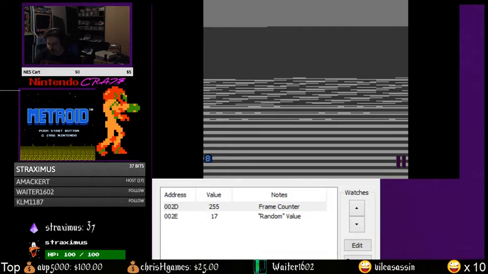And as a result, we are going to get the value of 17 every single time, no matter what system you're using: Power Pak, EverDrive, top loader, front loader. It's not going to matter because this particular value is being fed into RAM by the ROM itself. That is, it's initializing the memory. That's what the ROM code is doing. So we're going to see this value of 17 pop up every single time.